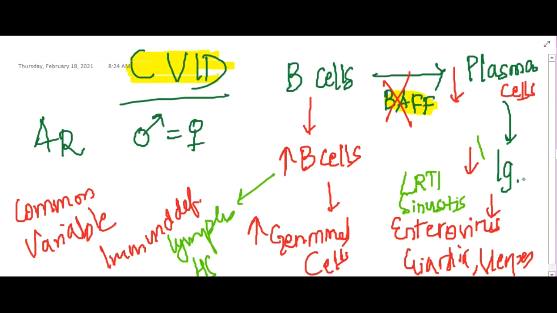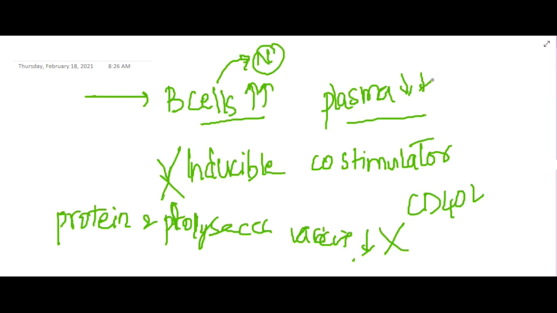As a result, this leads to many infections in childhood. The child presents early with many infections like lower respiratory tract infections such as pneumonia, sinusitis, and infections with enterovirus. Giardia infections are also seen.